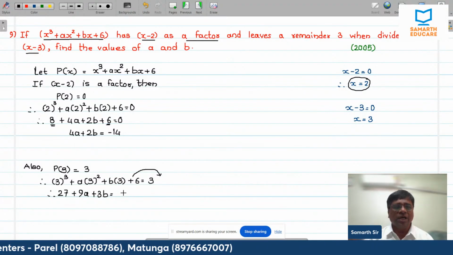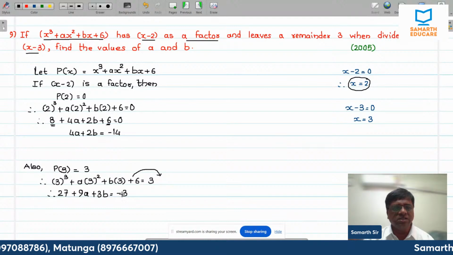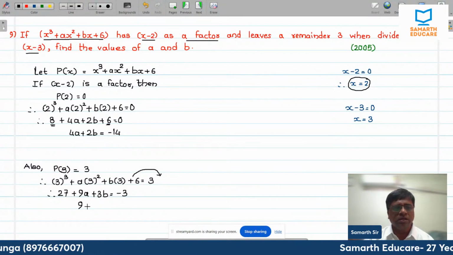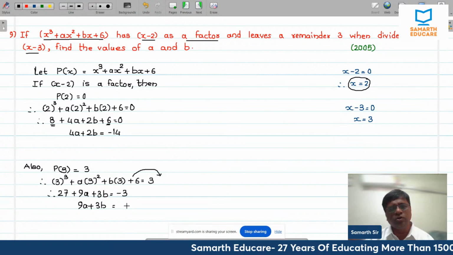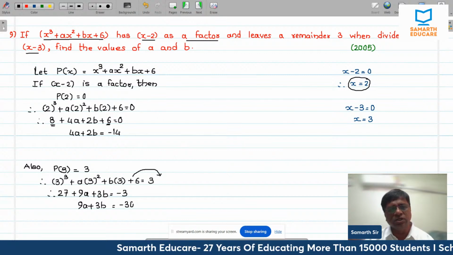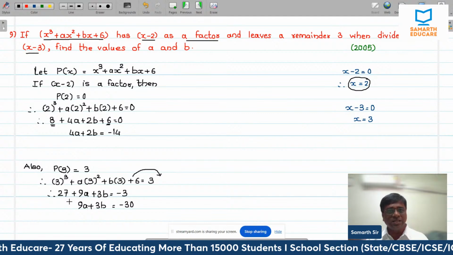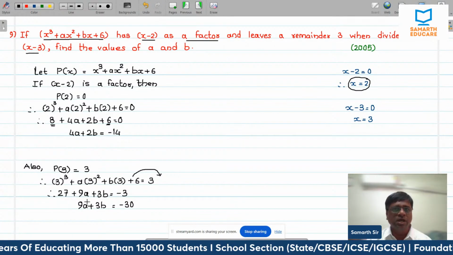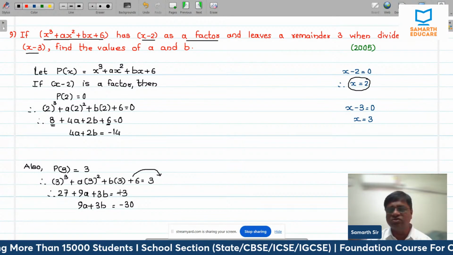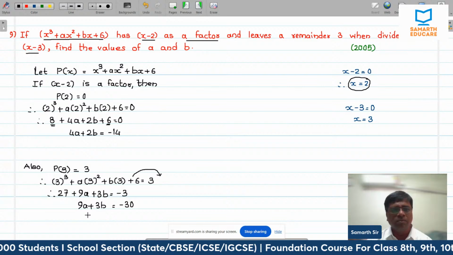Okay. My 3 minus 6 is minus 3. So 9a plus 3b will be equal to minus 30. क्यों minus 30 आ जाएगा? Because 27 I'm taking it on the other side, that becomes minus 27. Minus 3 and minus 27 होगा minus 30.